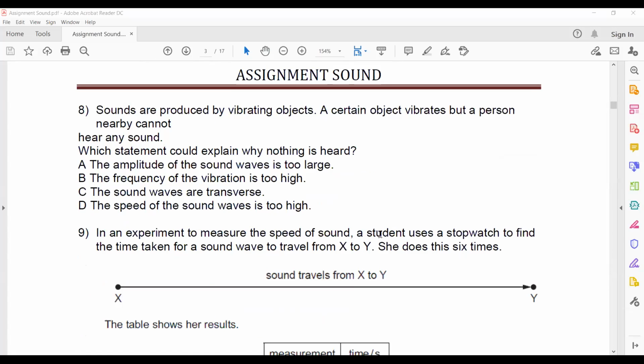Sounds are produced by vibrating objects. An object vibrates, but a person nearby cannot hear any sound. Which statement could explain why nothing is heard?